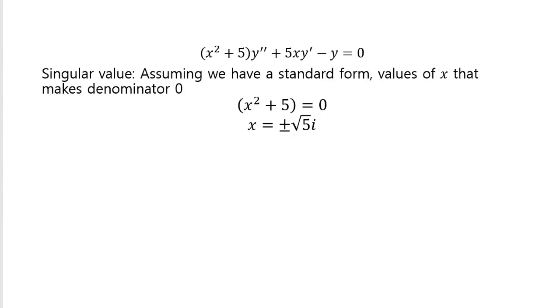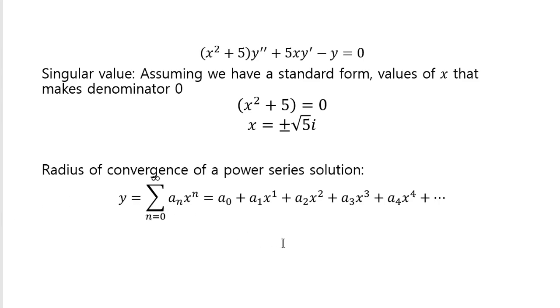All right, so what? When it comes to differential equations and power series solutions, the singular values are the ones that give you the radius of convergence. But maybe you don't remember what radius of convergence is, so let me give you some idea. If you have a power series like this, it's not true that it will always give you a value.